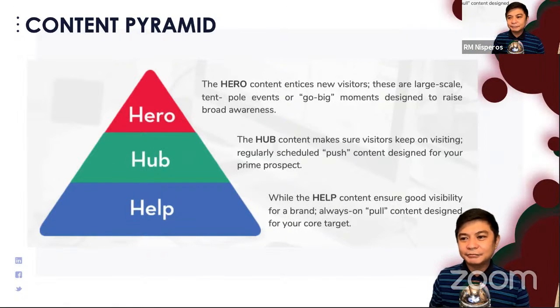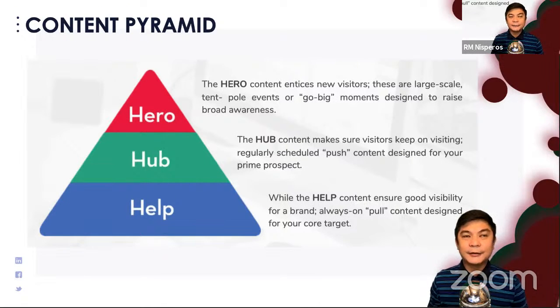Help content is information that would educate your customers. If you're selling food items on your e-commerce platform, you could offer help content through recipes and how-to videos. Hub is about your product, your food items, and hero is something big that would go viral.